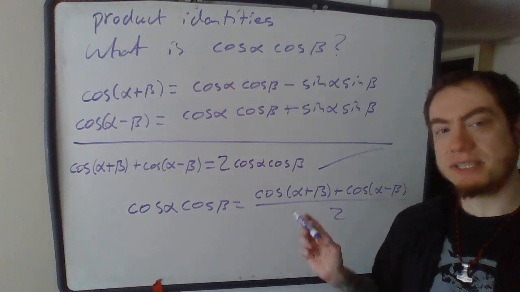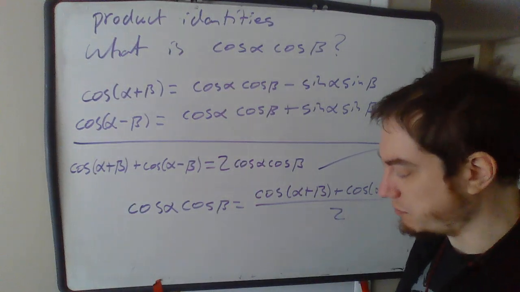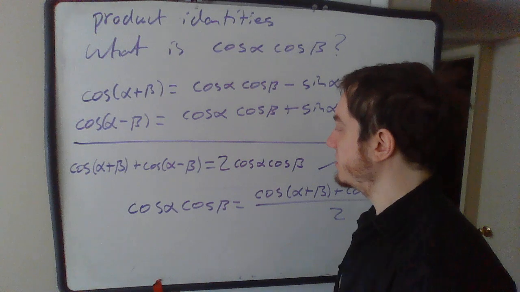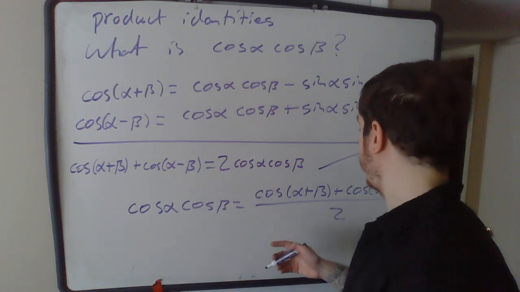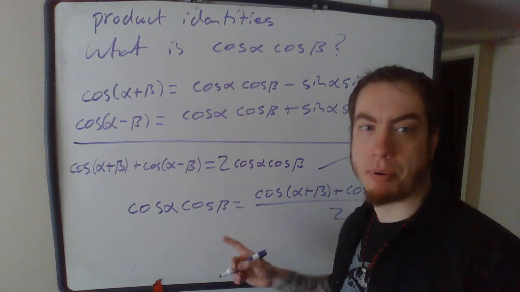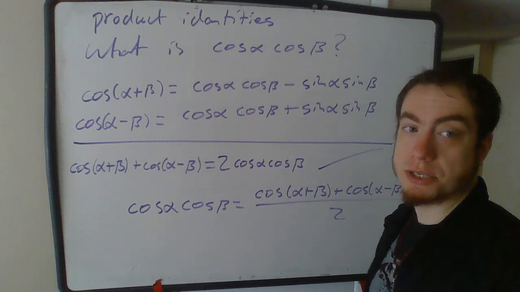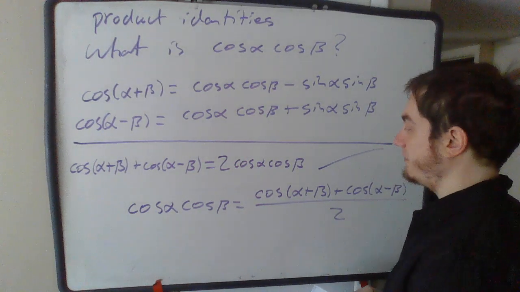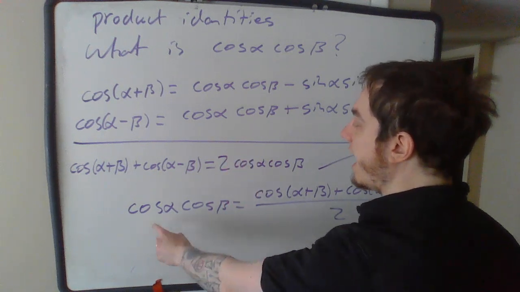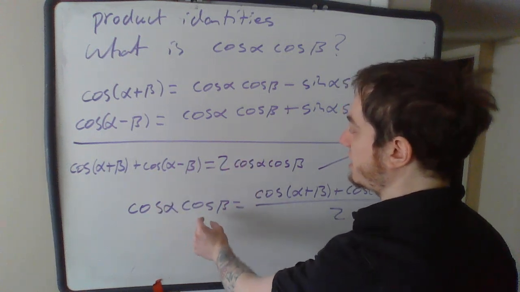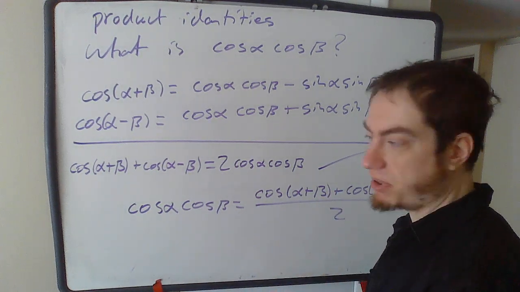Now, this identity is not one that people use a tremendous amount anymore for various reasons, but one of the things that this used to be used for sometimes was actually for figuring out products without having to take products. So basically, you would do this sort of like the way that you could do products using logarithms. In essence, you would take your two numbers, you would find two angles such that the cosine of the first angle and the cosine of the second angle are actually the two numbers you want to multiply.